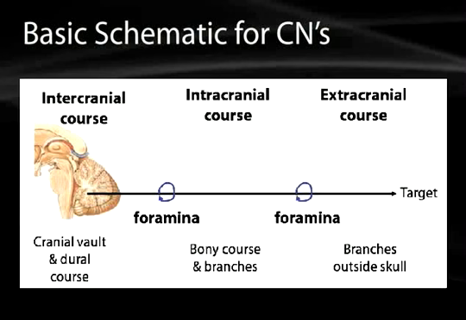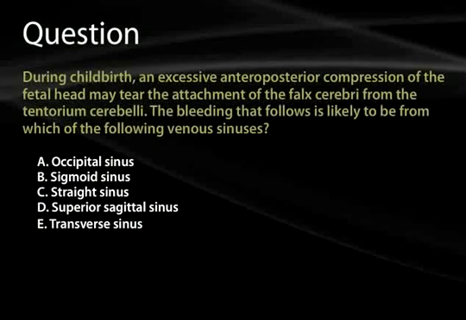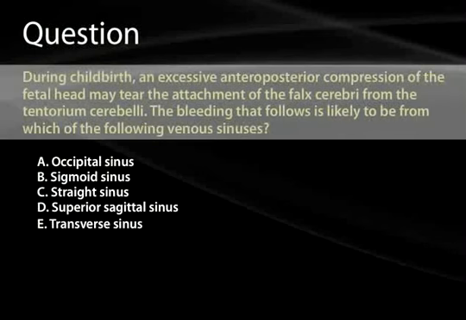Then they're going to have foramina, which will be the bony course. Most of those are quite simple in that they just go straight through a foramen. And then they're going to have an extracranial course, which would be the branches outside the skull. You could very easily add to your story some of the central nervous system travels that they'll have prior to their intracranial course.